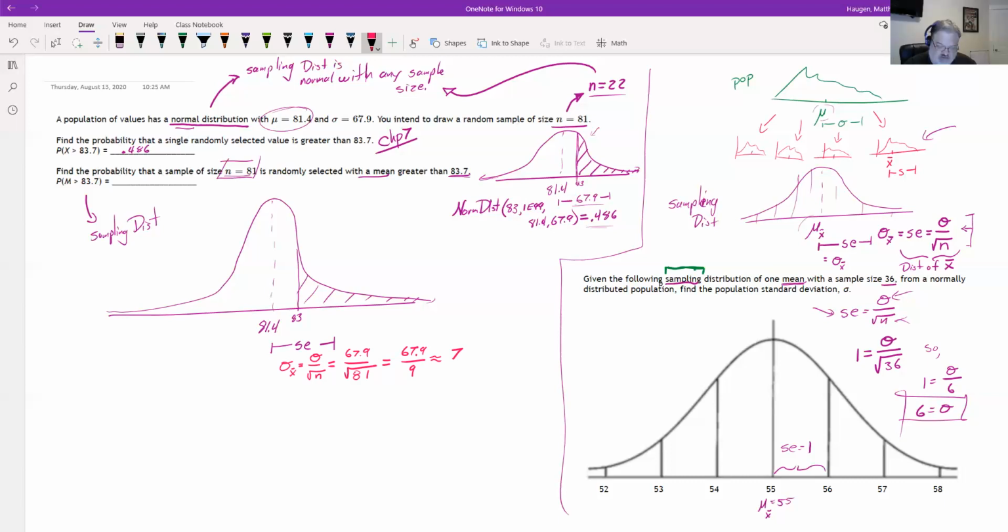Divided by 9, not multiplied by 9. Yeah, 7.54. So that's the standard error, 7.5. So much, much tighter. Fair?